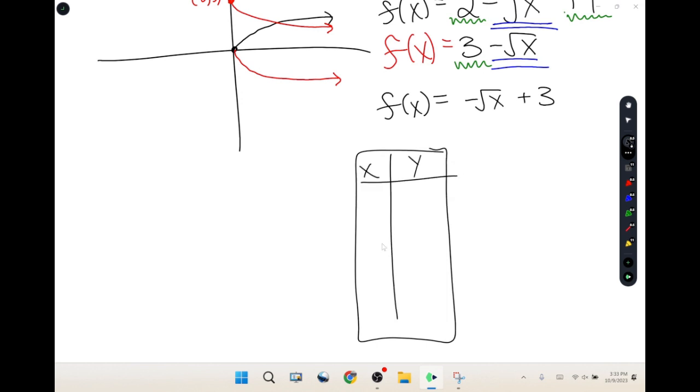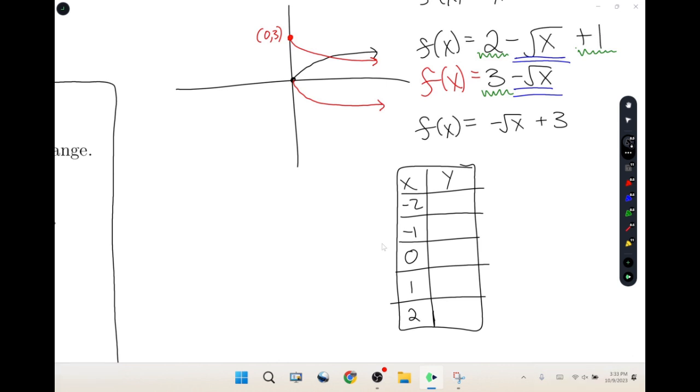Any equation, any blank graph, I'm doing this right here. What are the most basic 5 things you could plug in? 0, 1, 2, -1, -2. I'm plug and chugging. I'm not even trying to remember transformations back, forth, up, down, flip. I'm just going to plug and chug. Because honestly, the graph's only going to have a max of 5 on each side, maybe 10.